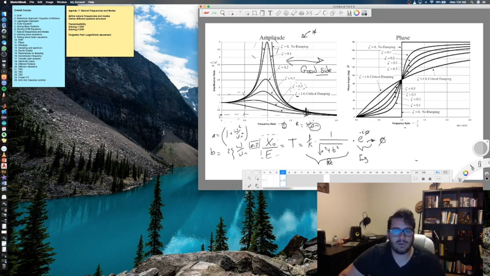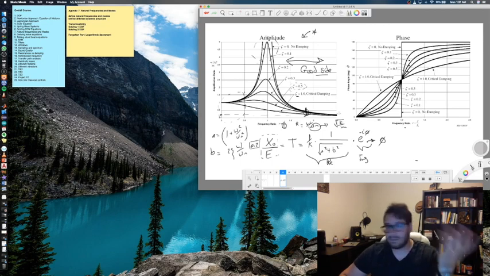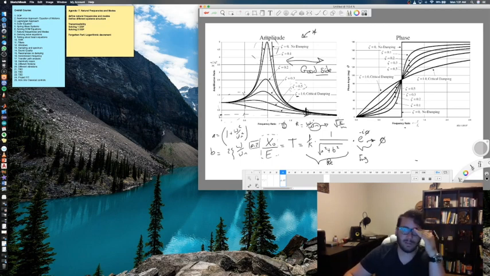So if I were to play with this, because I know that my omega n is equal to the square root of k over m, if I want to make this number bigger, I make my omega n smaller, right? Which means I can come here and either decrease the stiffness or increase the mass. So this is just a quick solution right away for me to play with, and I know right away that my damping is not going to affect me.